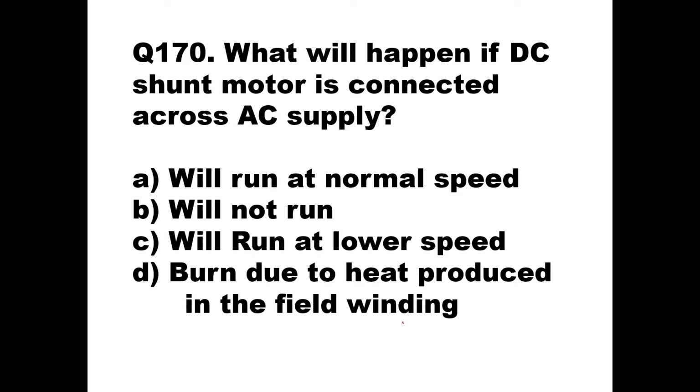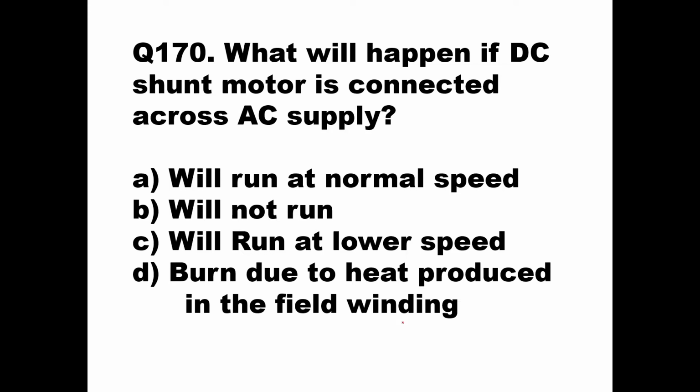What will happen if a DC shunt motor is connected across an AC supply? Now, if a DC shunt motor is connected across an AC supply, then it will oppose that and there will be more resistance to it, because the coil will oppose your AC here. So AC will be opposed and it will produce more reactance, so more resistance to the flow of current.